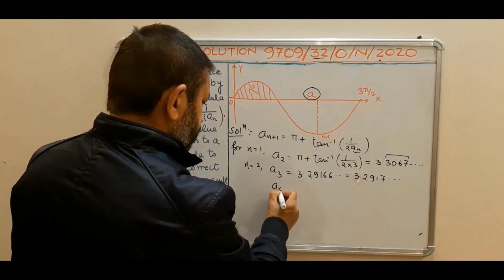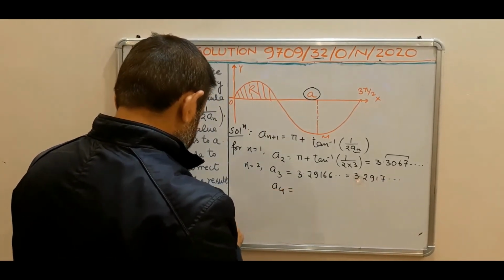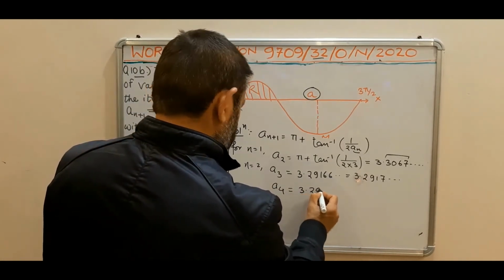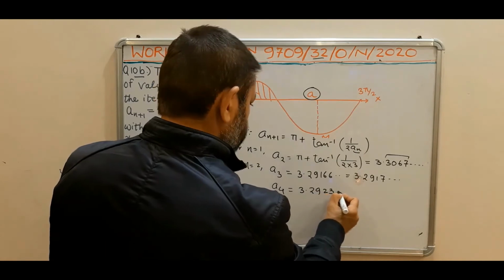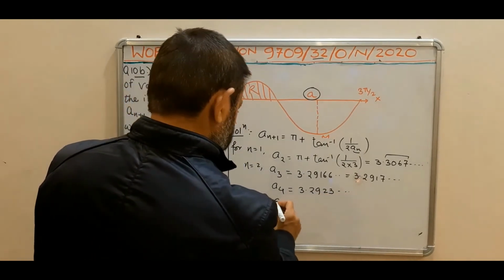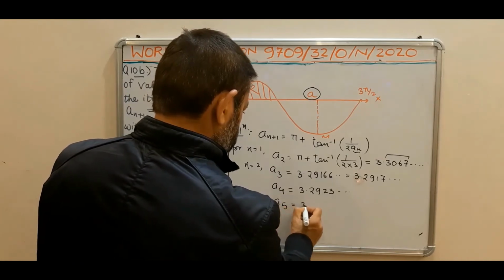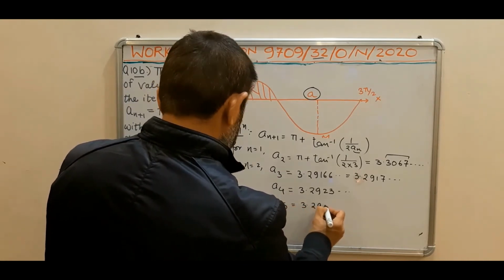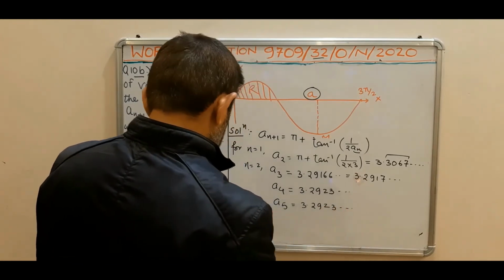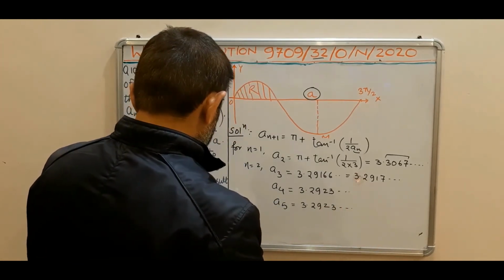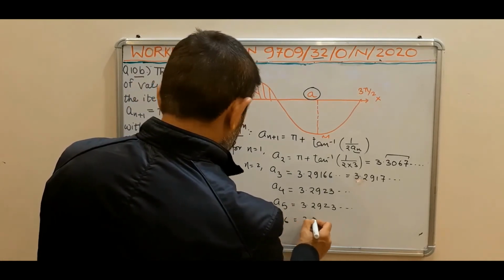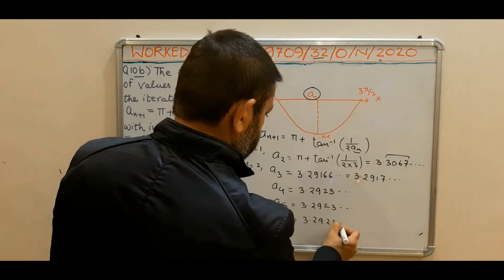Then next will be 3.2923. Next is 3.29230 and so on. And next will be, so now it is fixed, A6 is 3.2923 and so on.